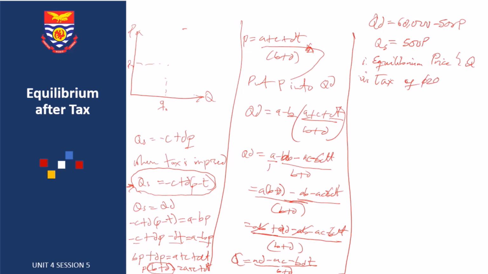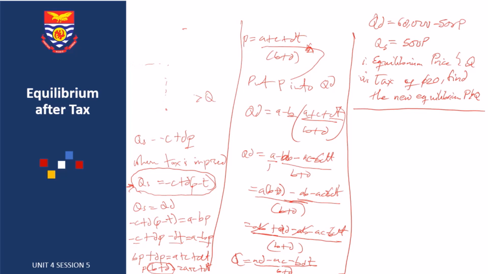So we have to find the new equilibrium price and quantity, the new equilibrium P and Q. Okay, so I can close this part. Let me erase the others, then we solve the question.